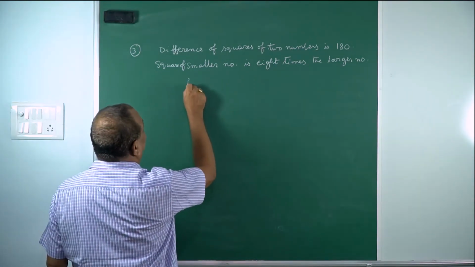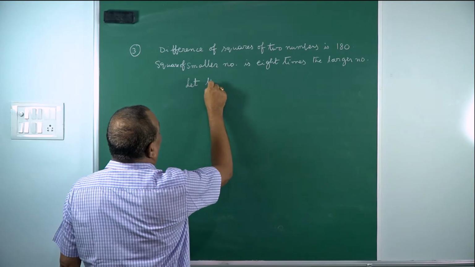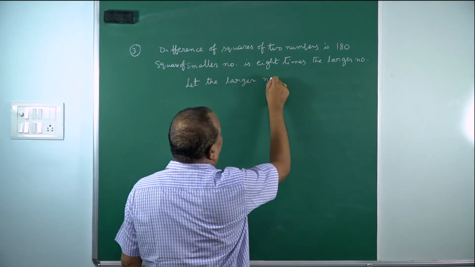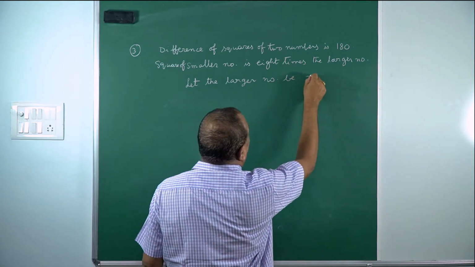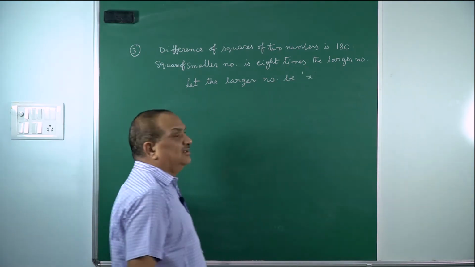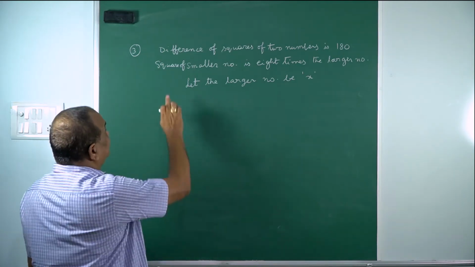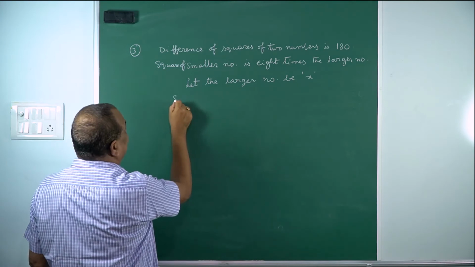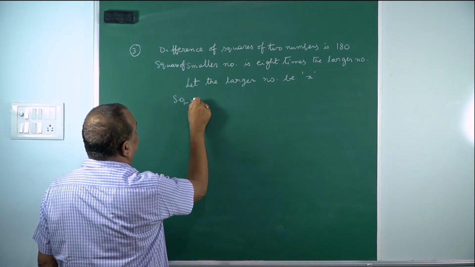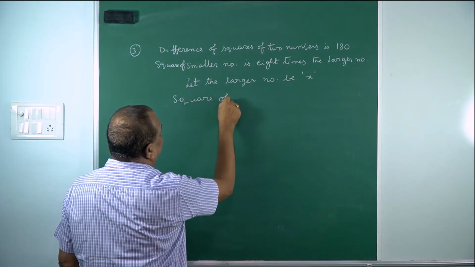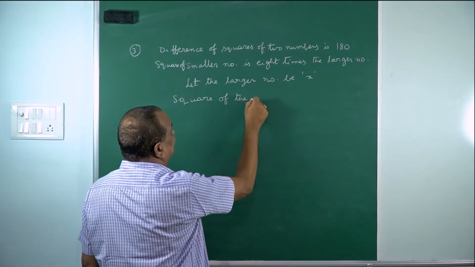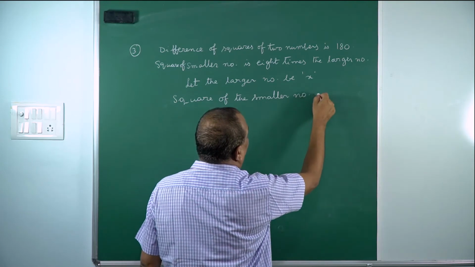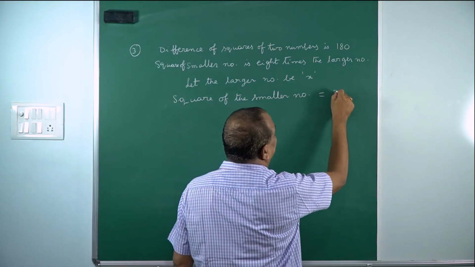Let the larger number be x. And the square of the smaller number is equal to 8 times x. Square of the smaller number is equal to 8 times the larger number.